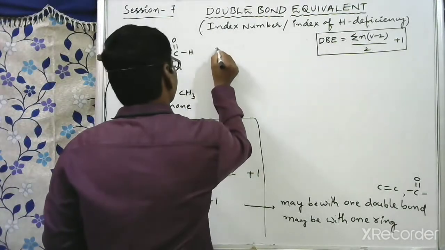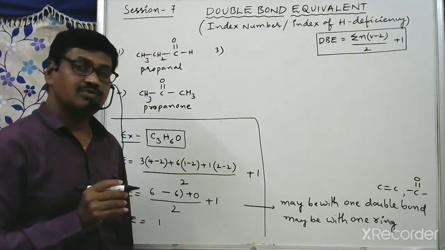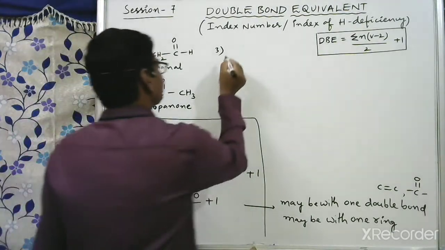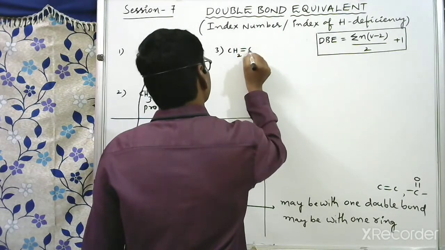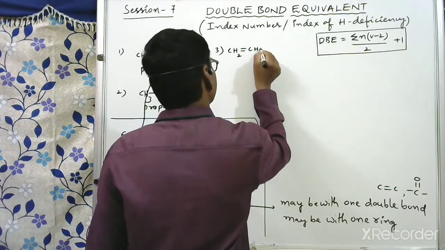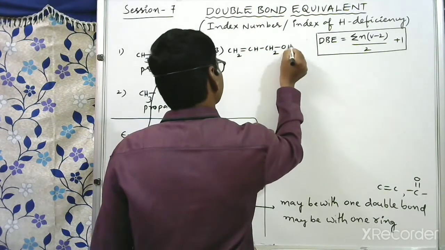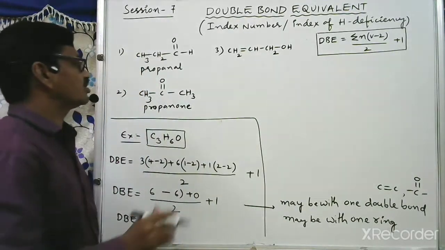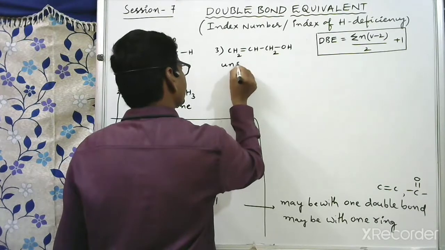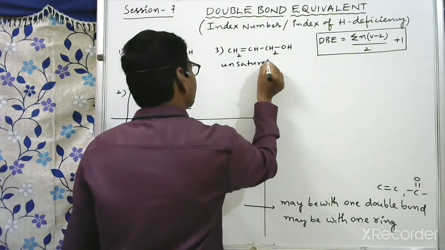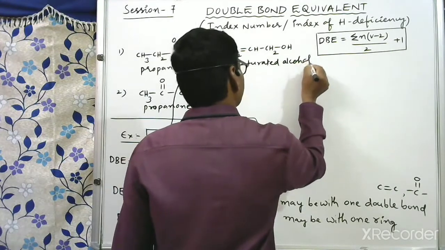Then the third structure I am writing by using a double bond between carbon and carbon. First I am taking CH2 double bond CH, then CH2 OH. Here it is an alcohol, but an unsaturated alcohol.